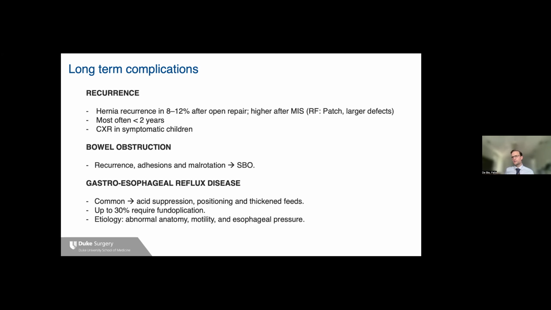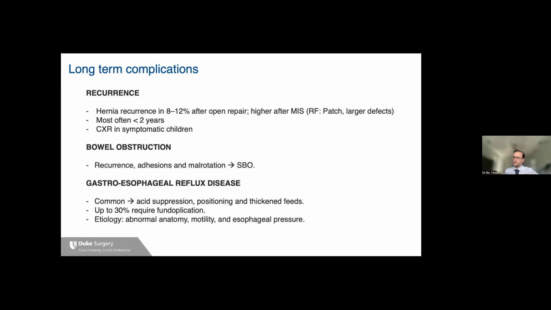Most recurrences happen in the first 2 years of life, but the key message is, if you have a symptomatic child, just get an X-ray to think about the potential of recurrence. Bowel obstruction also is part of the postnatal follow-up. They can have bowel obstruction due to recurrence, adhesions from that initial surgery, or a component of malrotation.